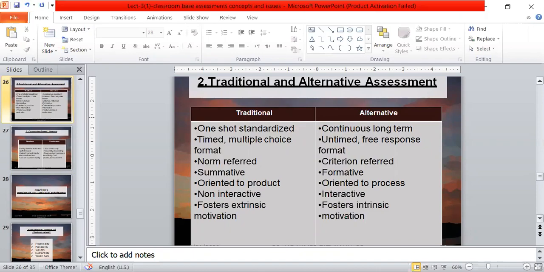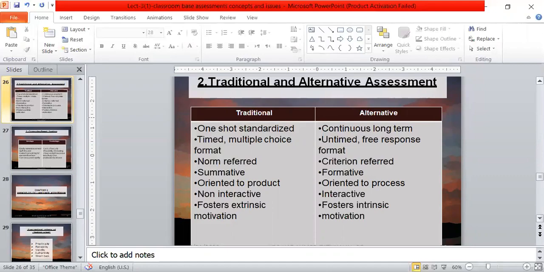In traditional assessment, it is one shot standardized test, whereas alternative style is continuous and long term. Traditional is timed, in a time bound and multiple choice format is there, whereas alternate assessment style is untimed and it needs free response format.